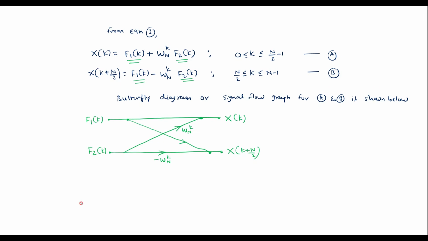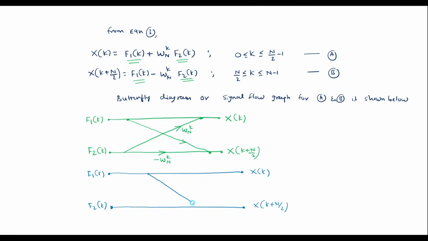Now I will try to represent this diagram in another way. I will take the same nodes. These are output nodes, and these are input nodes. I will take the same inputs, f1 of k, this as f2 of k, this is x of k output, this is x of k plus N by 2.